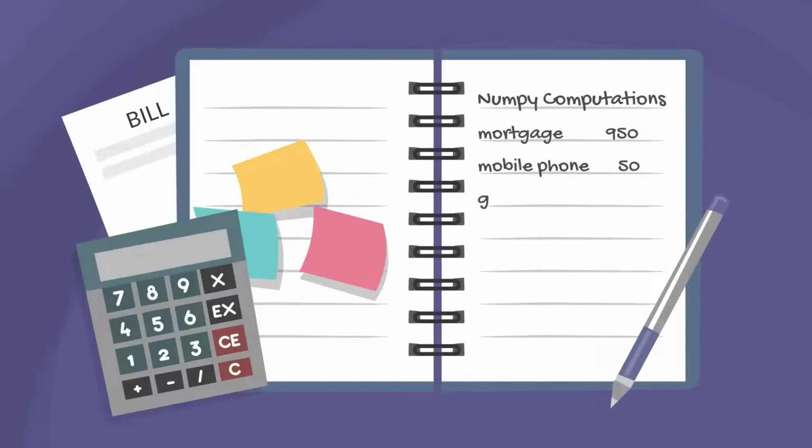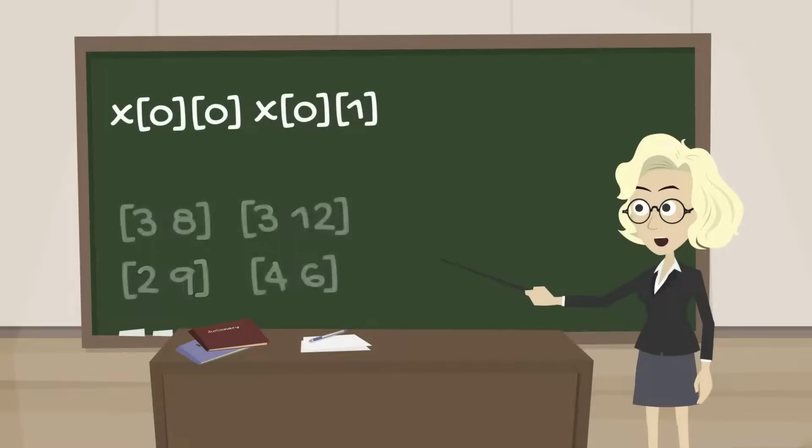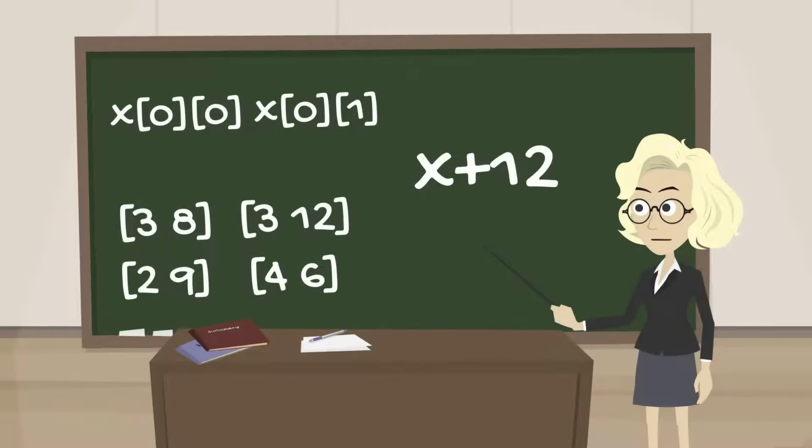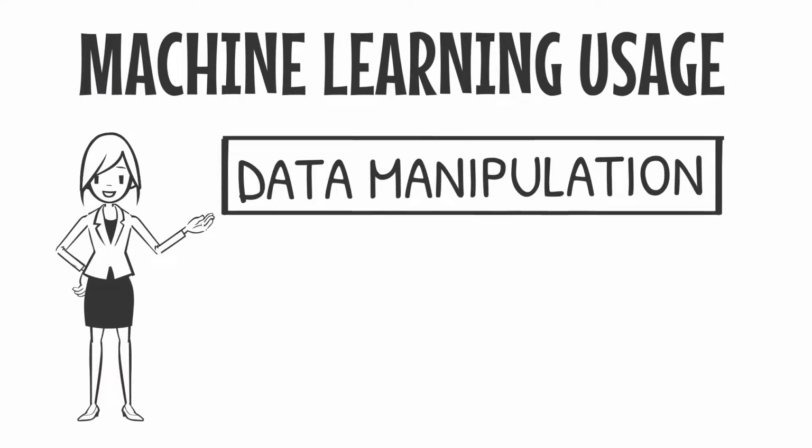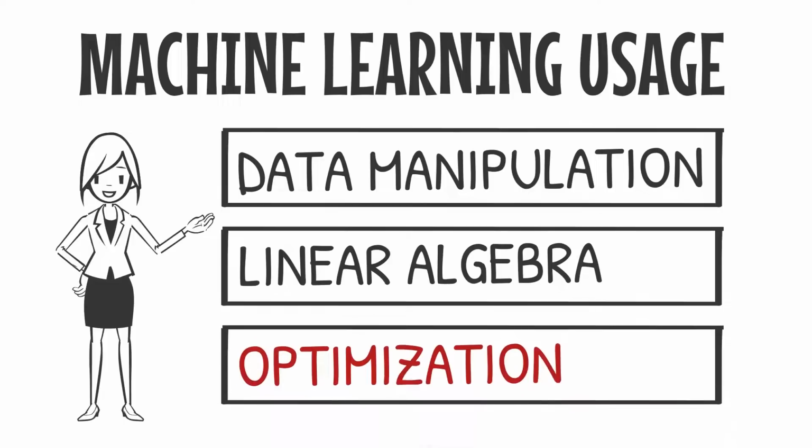NumPy is a powerful library for numerical computing in Python. It provides support for multidimensional arrays, matrices, and mathematical functions. It is widely used in machine learning for data manipulation, linear algebra, and optimization.